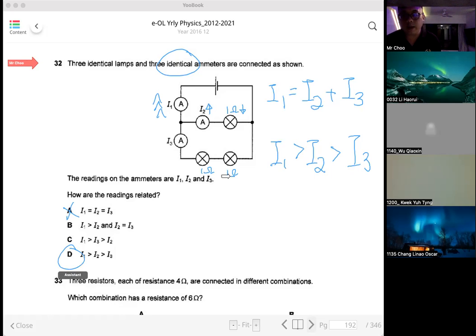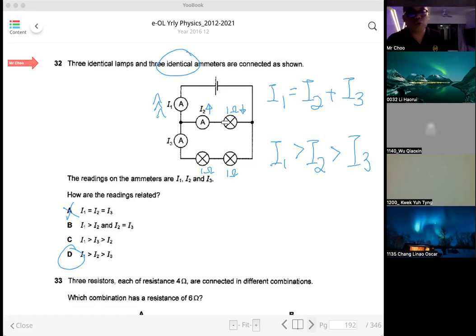Pei Kwan and Ryan, do you know the mistake here? Oscar, do you understand now? So the answer for this is D, because current I2 goes through a lower resistance compared to I3, which has a higher resistance.